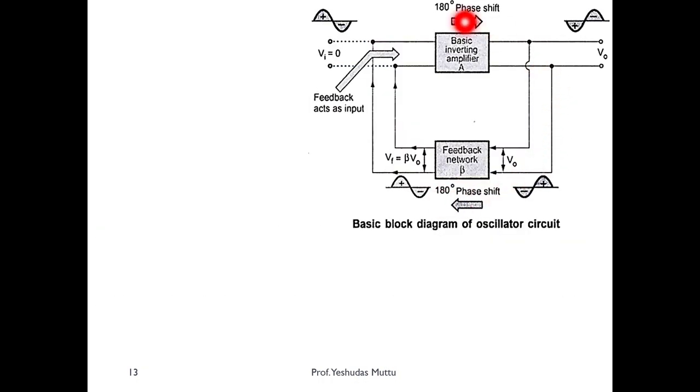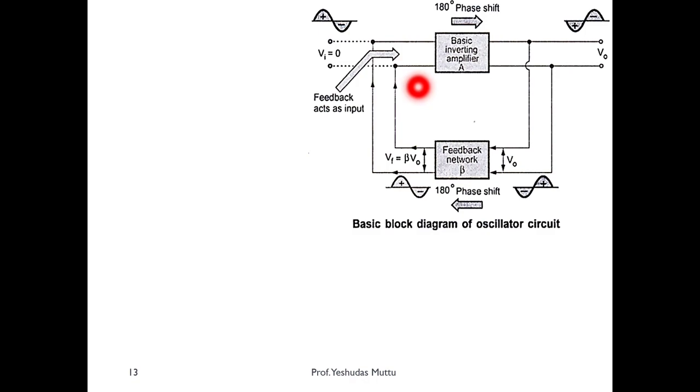Let's have a look at this diagram; you'll understand it better. You have a basic amplifier. Vi doesn't exist, as I told you all. You get the output which is inverting because it's an inverting amplifier. This inverted output is given over here. The feedback network cannot give this input directly over here. The reason being that to result in positive feedback, both the inputs should be in phase.